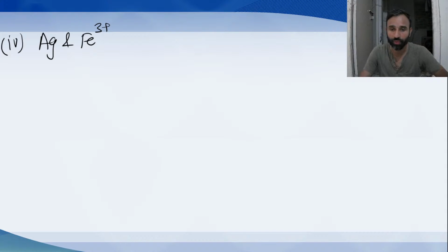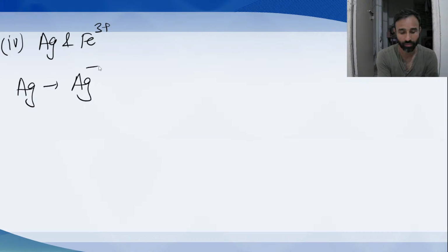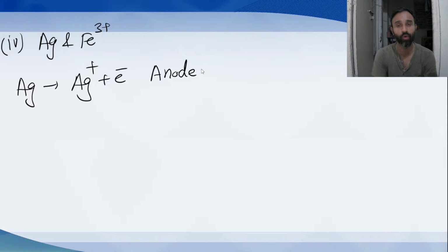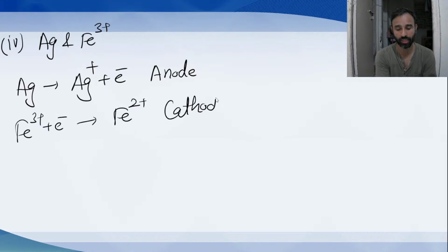Ag and Fe3+. Now Ag is converted into Ag+ and Fe3+ to Fe2+. Ag converted into Ag+ means it acts as anode. And Fe3+ gains one electron to get Fe2+, it acts as cathode.